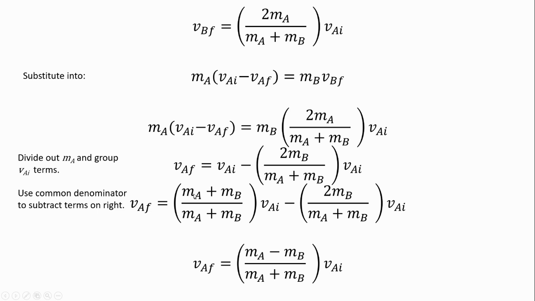Because notice we have MA, and then we have a positive MB and a minus 2 MB. So that's going to leave us with a negative MB. So this gives us the equation for the final velocity of object A as it relates to the initial velocity of object A and their respective masses.